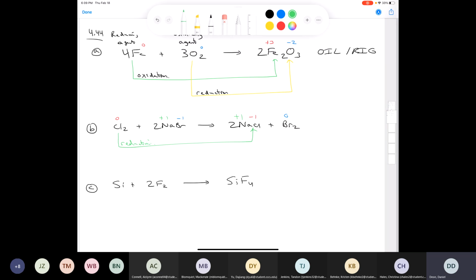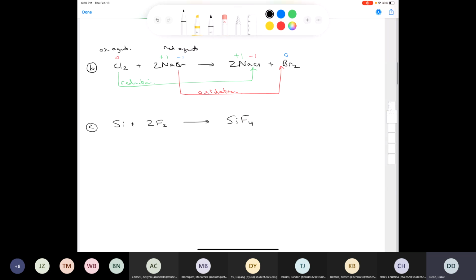This is going from 0 to -1, and the bromide is losing electrons, and so it's being oxidized. Oxidation, okay, like that. And so that would mean that the chlorine is the oxidizing agent, and that would mean that the bromine is the reducing agent.